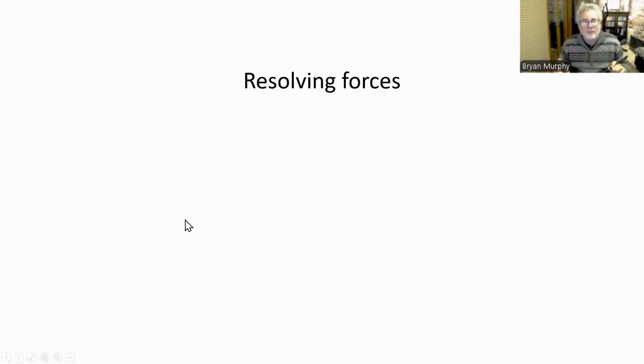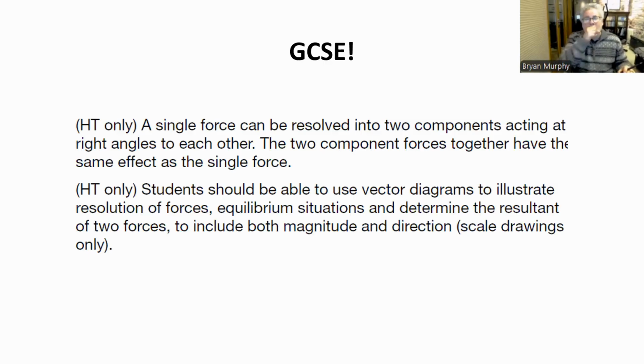But resolving vectors is when you have one vector and you split it into usually, I'm going to say always, 2. So we start with one vector and split it into 2. That's the other way around: before we had 2 vectors and made them into 1, and now we are given 1 and we make it into 2. At GCSE, we kind of did this.